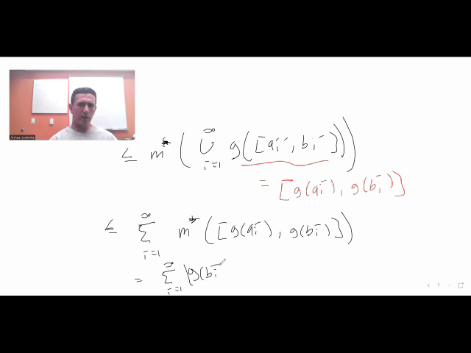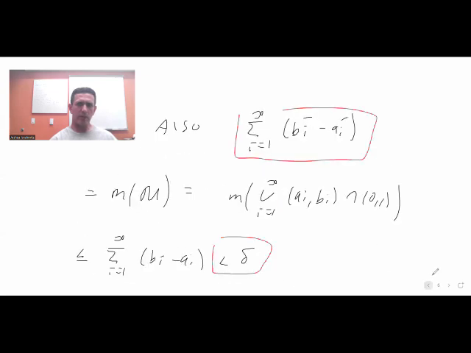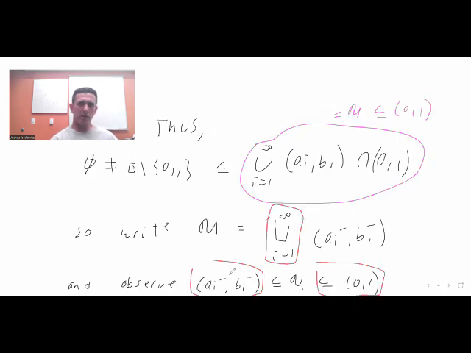As G is increasing, you don't need absolute values. But it's less than epsilon because, again, these are intervals that sum up to less than delta. Each one is a subset of (0,1), and they're disjoint.